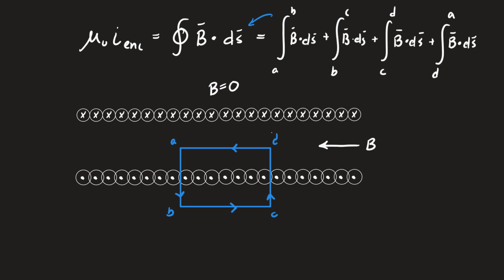We're purposely choosing this set of loops so that we can exaggerate the results of the dot product.